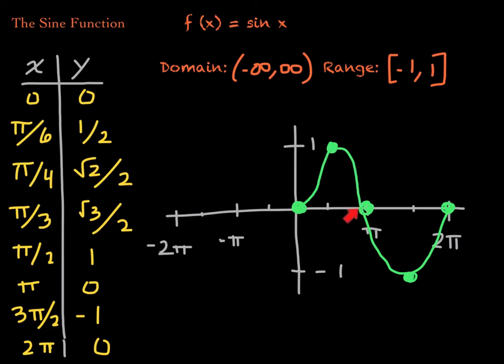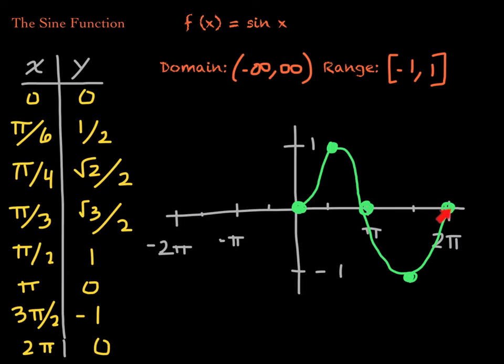You hit another x-intercept, and you decrease all the way until you get to 3 pi over 2, and you start to increase again. So that's the pattern, okay? X-intercept up to a maximum, x-intercept down to a minimum, back to an x-intercept. X-intercept, maximum, x-intercept, minimum, back up at the x-intercept.